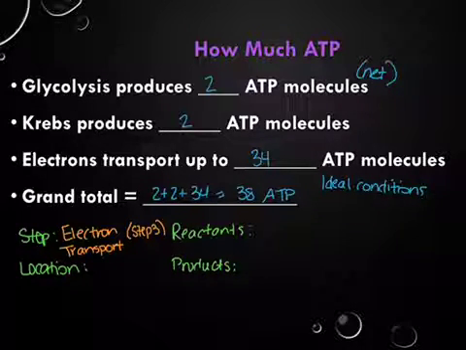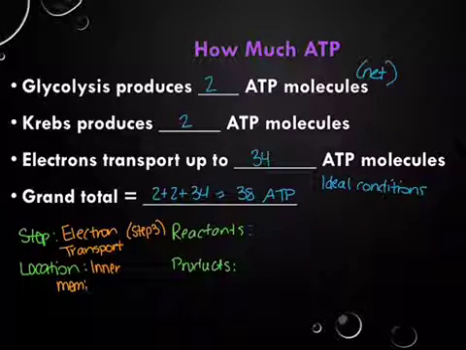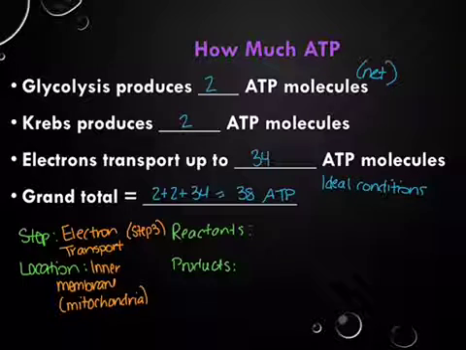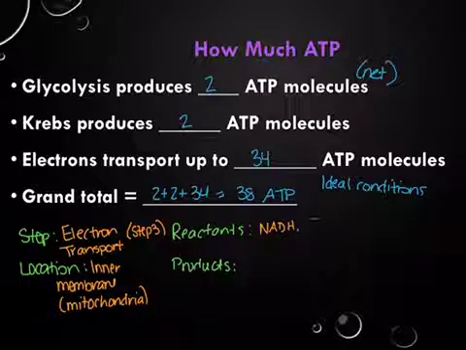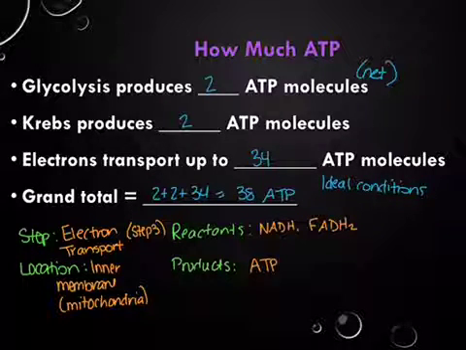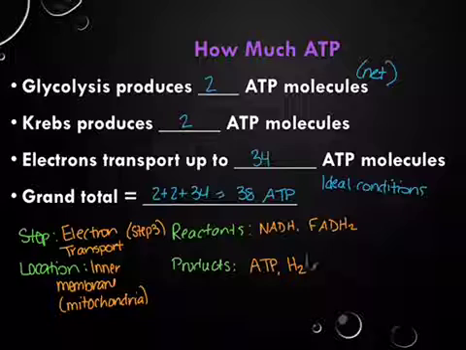And this happens in the inner membrane of the mitochondria. And here our reactants are actually energy molecules of NADH and FADH2. And we make ATP and water in this step.